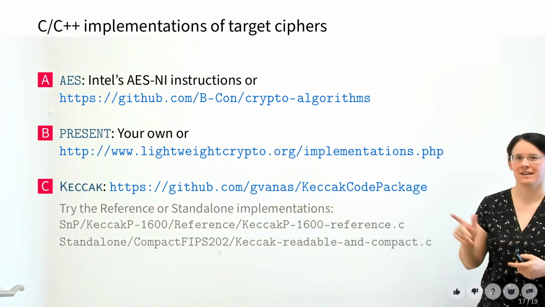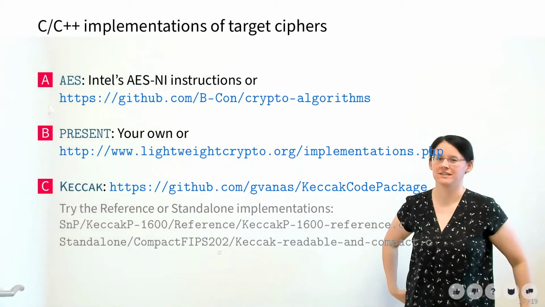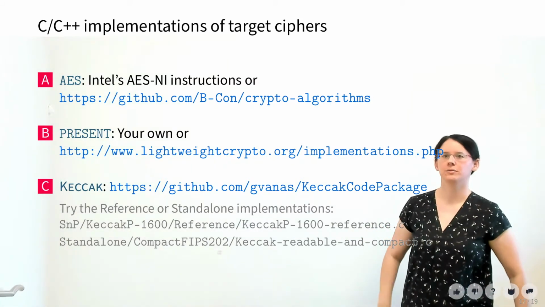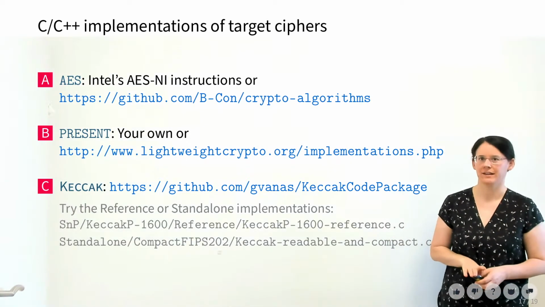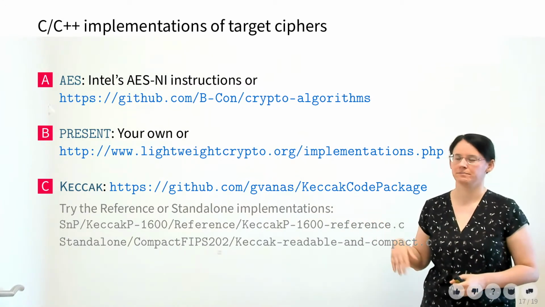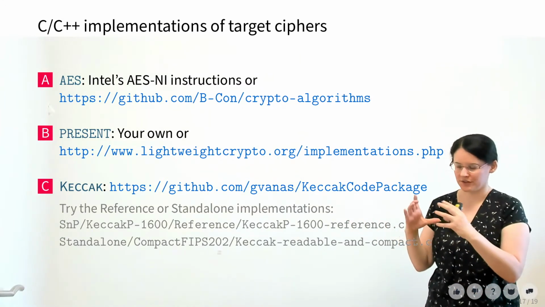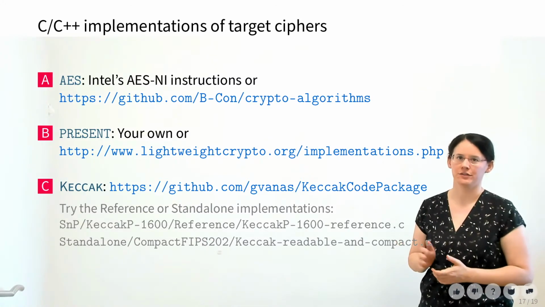This can be a bit overwhelming because they really have tons of different implementations of each of their ciphers, but there are a few standalone implementations which don't require most of the framework they have. And in particular, those standalone implementations have some functions which execute the core permutation. These are what you're after.